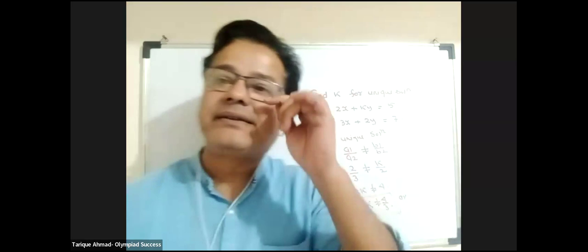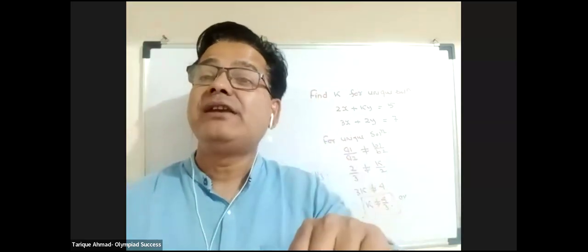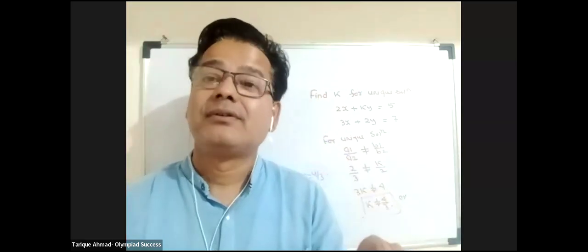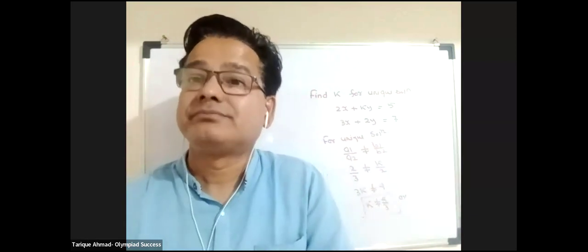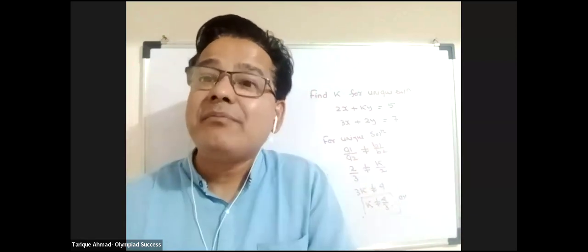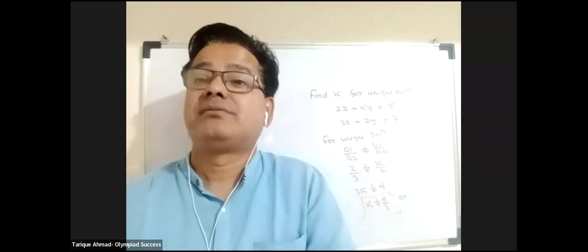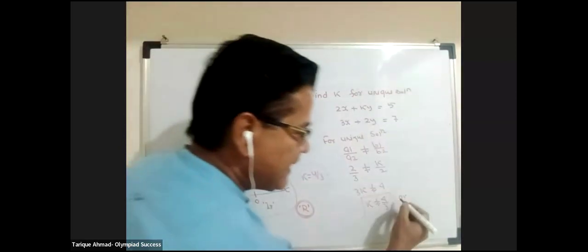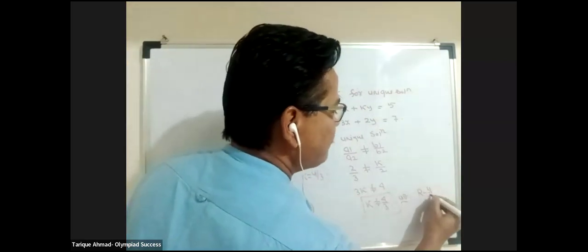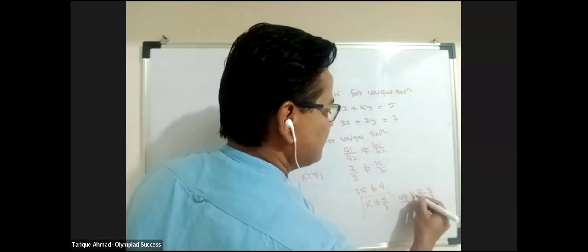So in class 10, we have to deal with real numbers, meaning our answers must be in real numbers. They can be rational, they can be irrational, and they are definitely real numbers. So the same answer can be expressed as R minus 4 by 3, for this k.